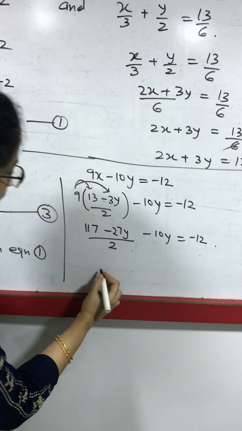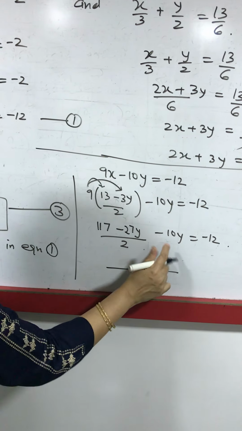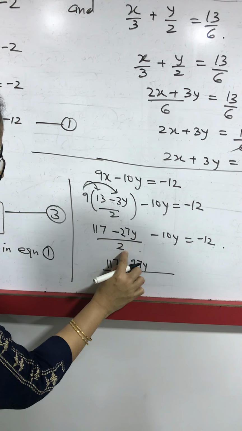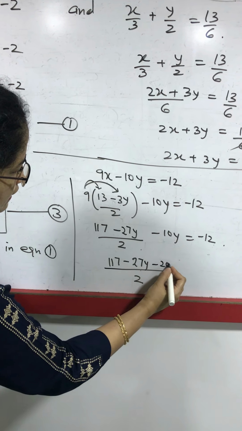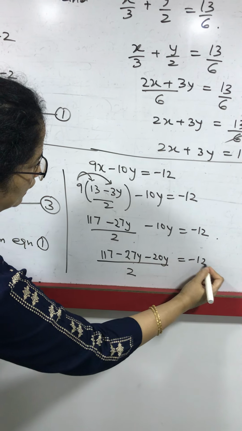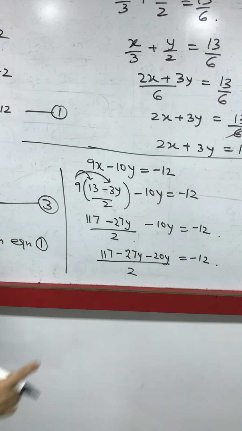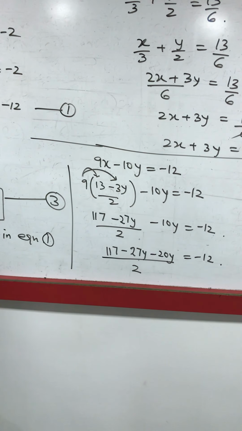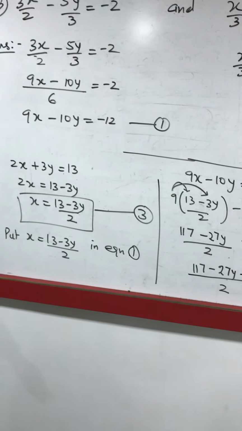Now I will take LCM. LCM is 2. So that's 117 minus 27y. I cross multiply this 2 here and write the equation.